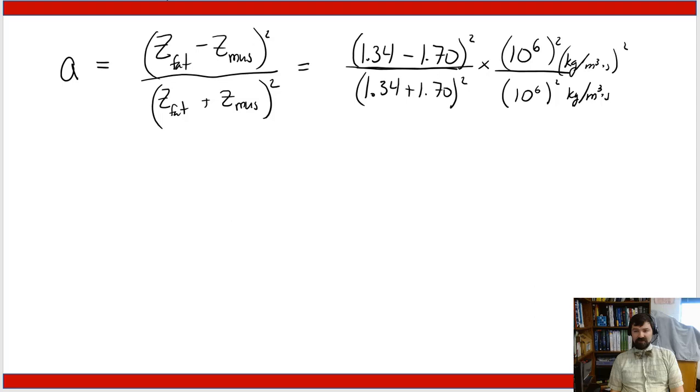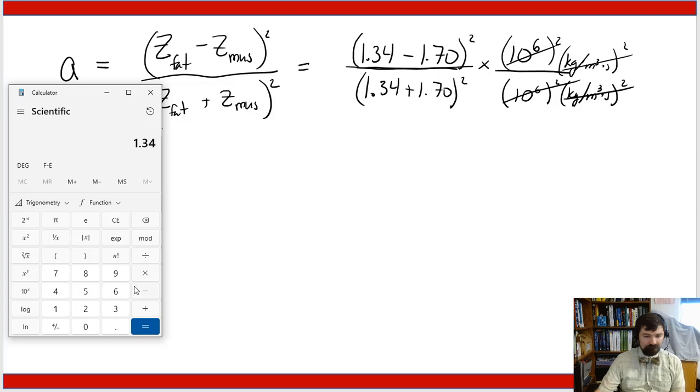Units should also be squared, but again, they cancel. We're left with this stuff. So we can plug it into the calculator to see what we get. 1.34 minus 1.7 is this. Square it, divide it by 1.34 plus 1.70 squared. And what we get is this number, 0.014.